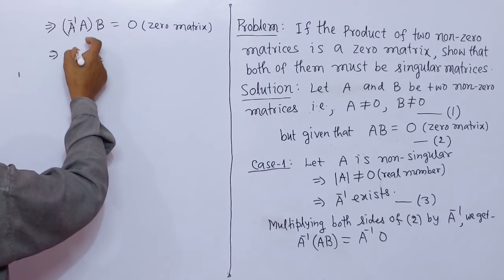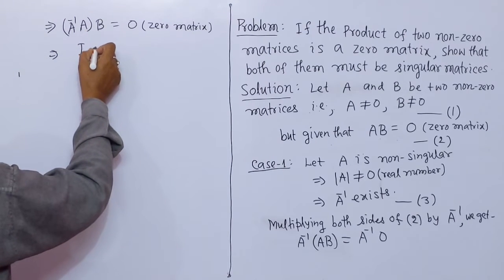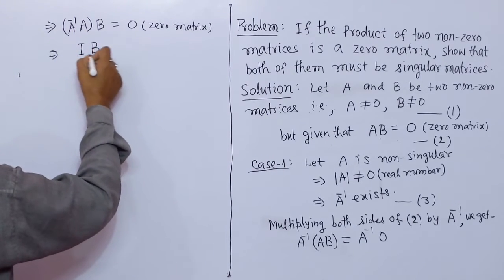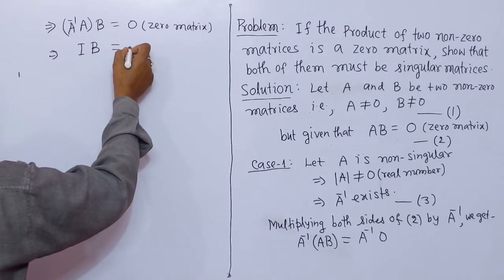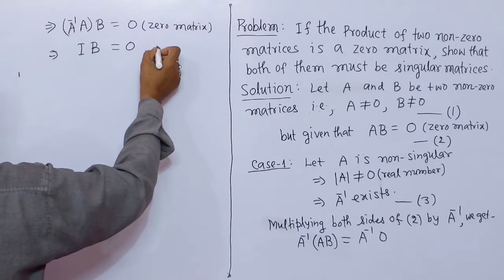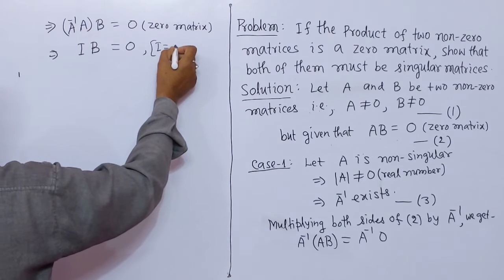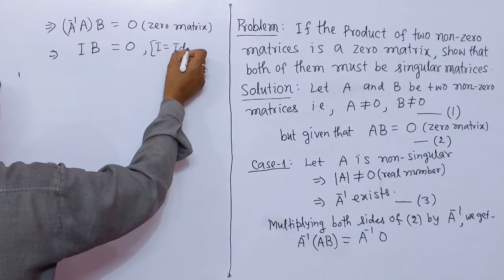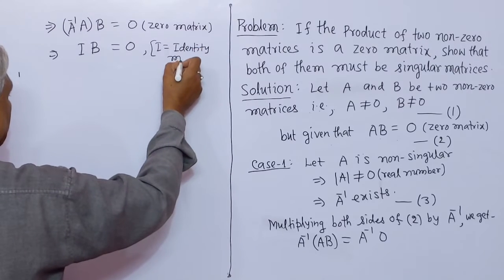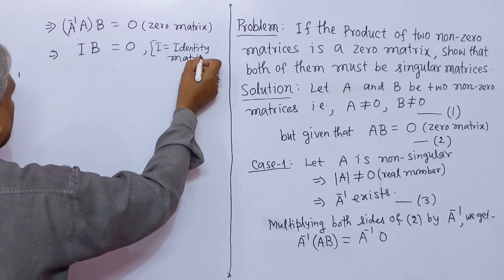A inverse A is the identity matrix. I multiply B equal to 0, where I is the identity matrix or unit matrix.